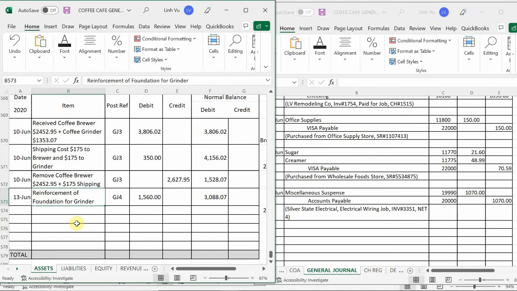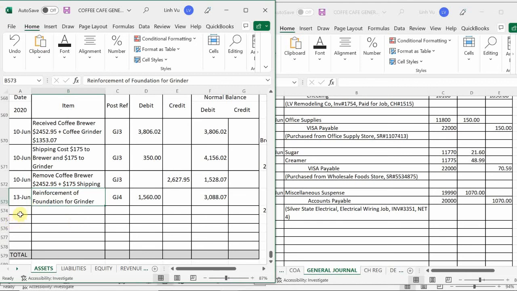How would I know how much to take out? I don't know what the complete amount is. So right now I need to add in the electrical wiring for my coffee grinder first. And then I have to journalize that I'm moving it from one account to another.